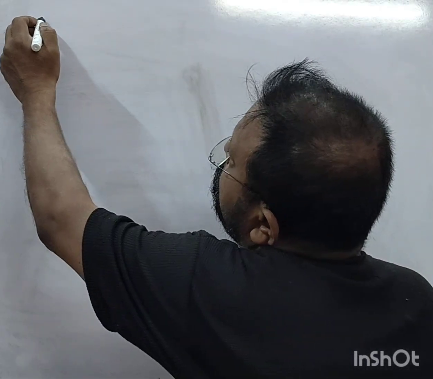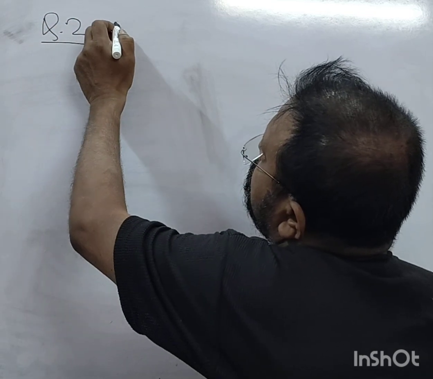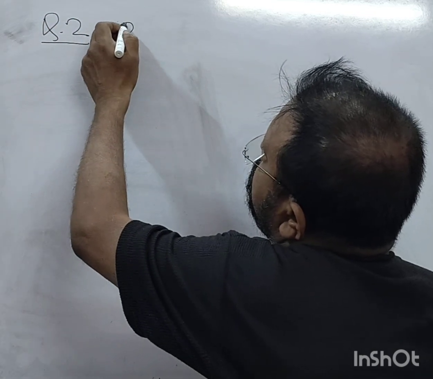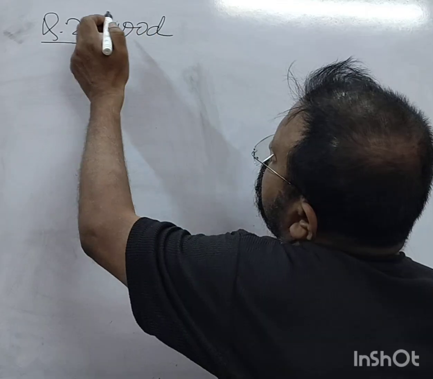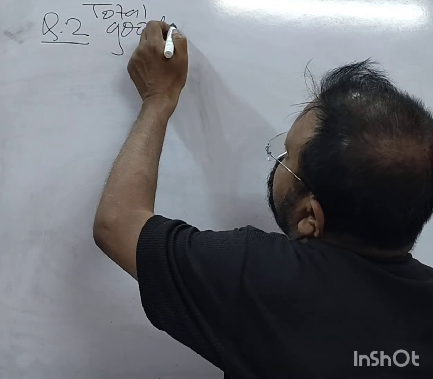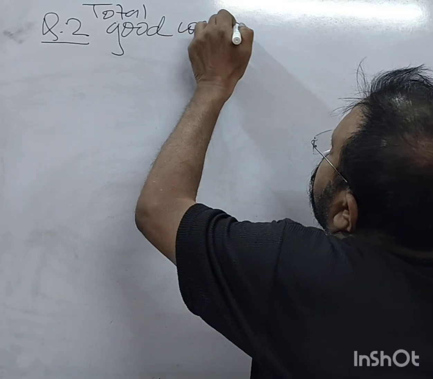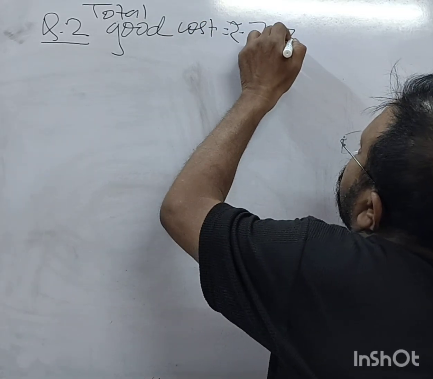Question number 2. Goods worth 7,000. Total goods cost is rupees 7,000, right?